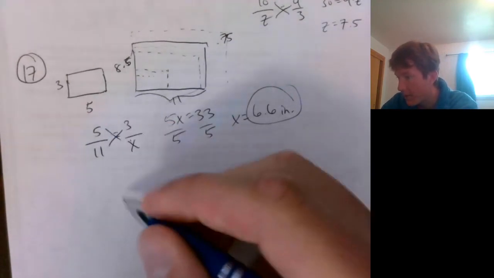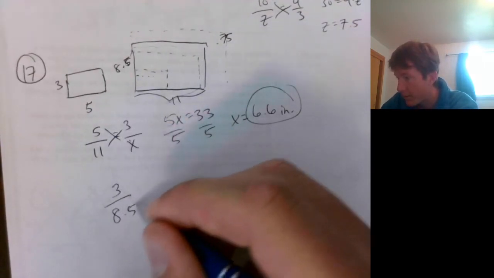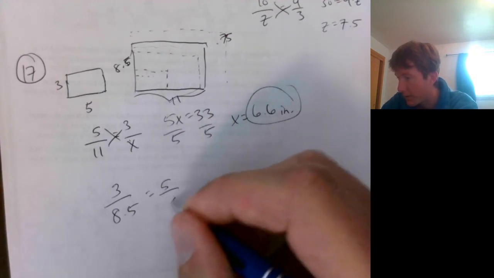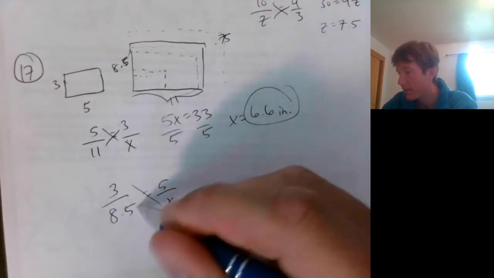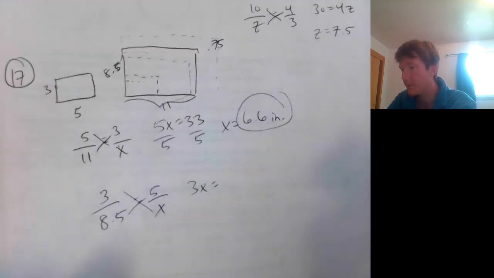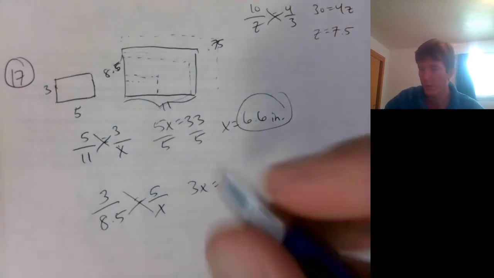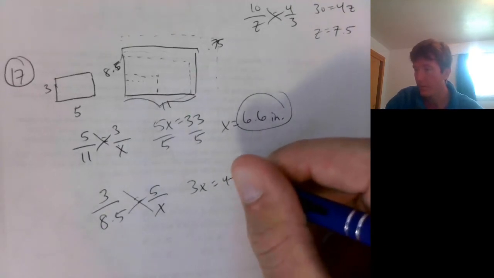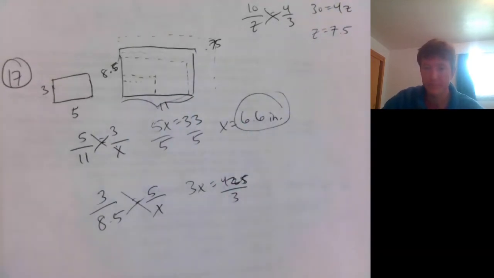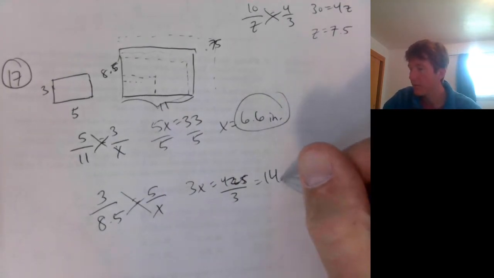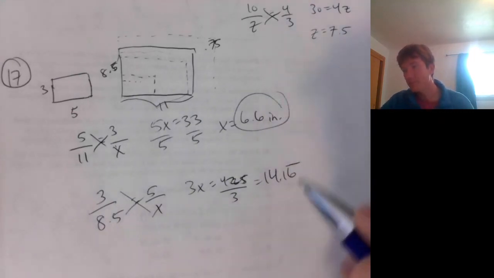If I use the height, 3 over 8.5 is equal to 5 over x. Let's cross multiply. 3x equals 8.5 times 5. That'll be 42.5. 42.5 divided by 3 is 14.16.